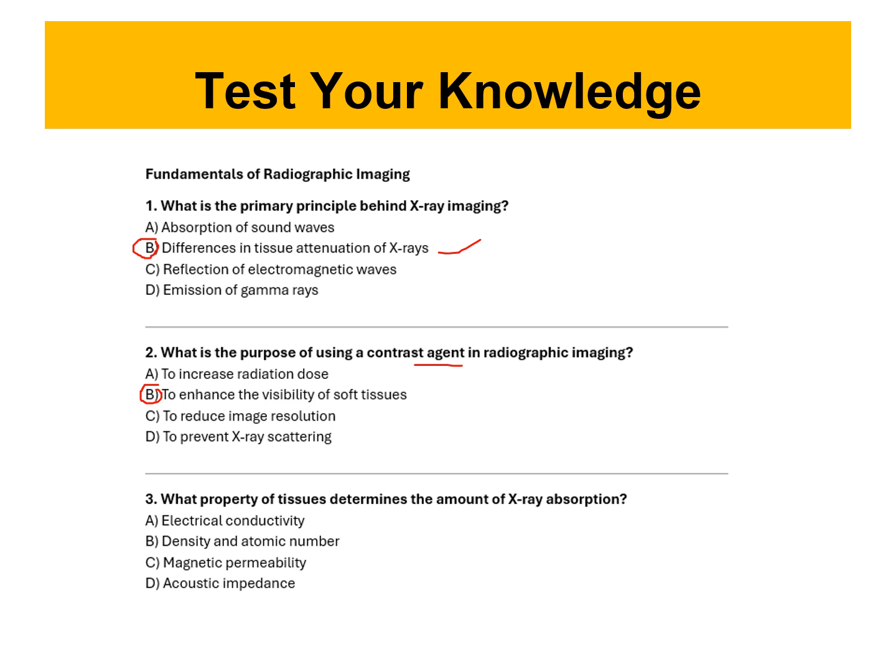Now, the last one, what property of tissue determines the amount of X-ray absorption of the tissues? Also B, right? It's the density of the tissue and the atomic number. If the tissue is denser, you're going to get more attenuation. How about the atomic number?